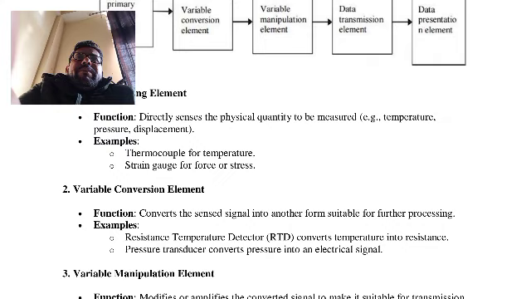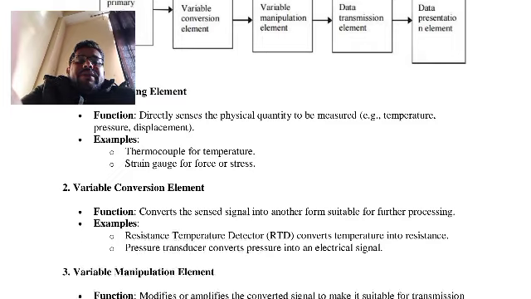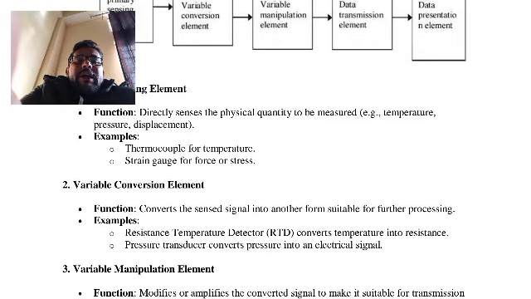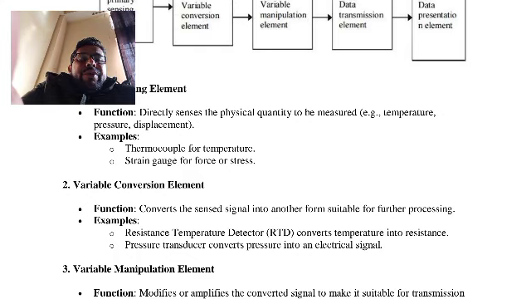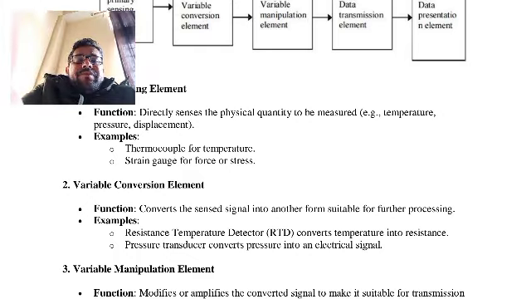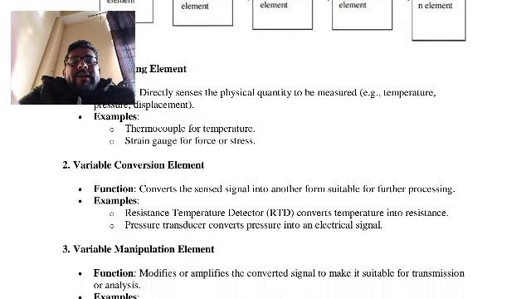Sometimes variable conversion is not needed if the signal from the primary sensing element is sufficient. Examples are an RTD converting temperature into resistance, and pressure transducers converting pressure into an electrical signal.